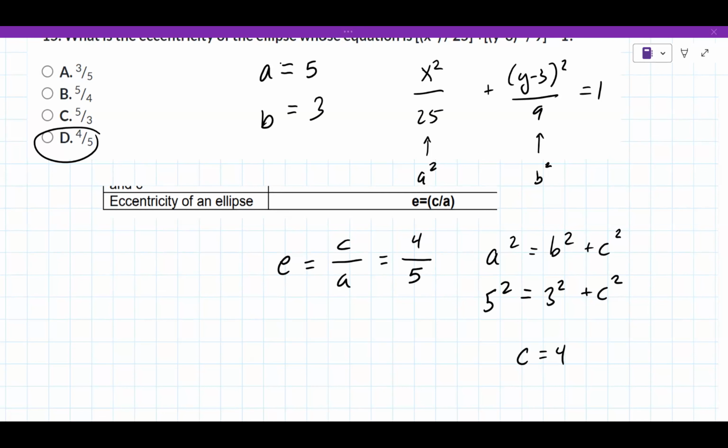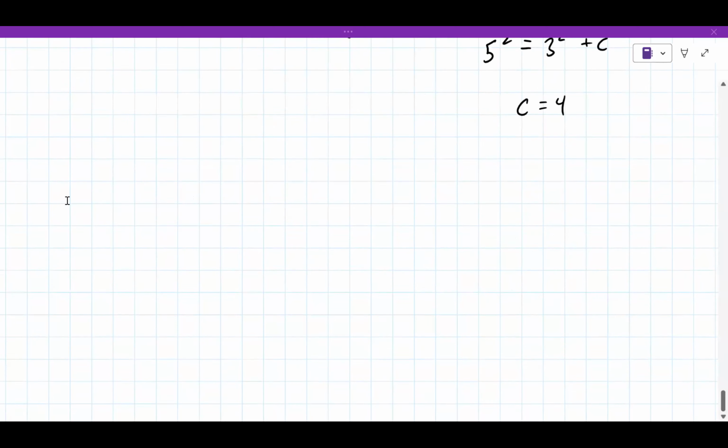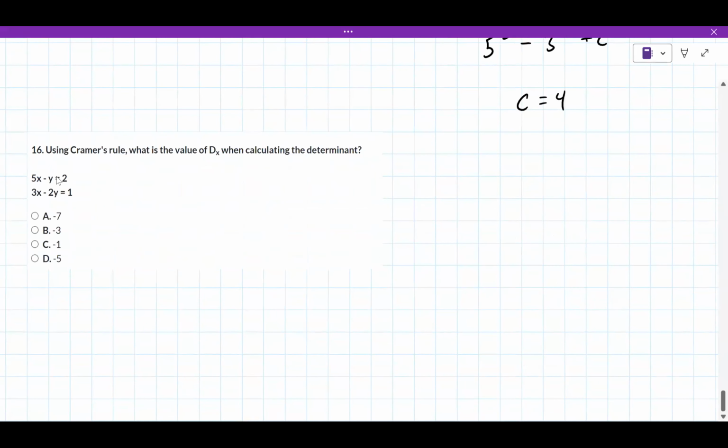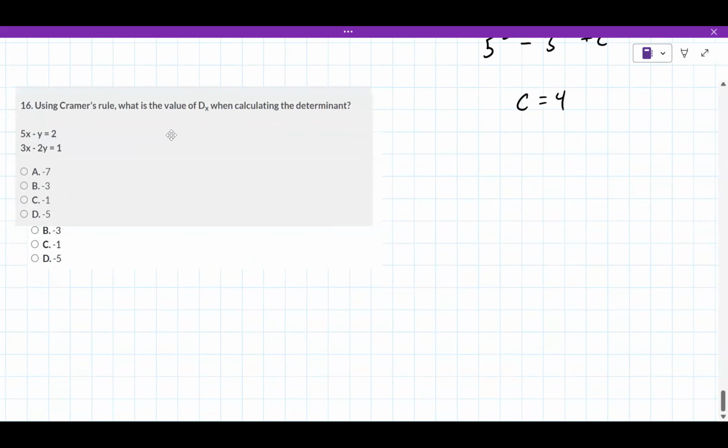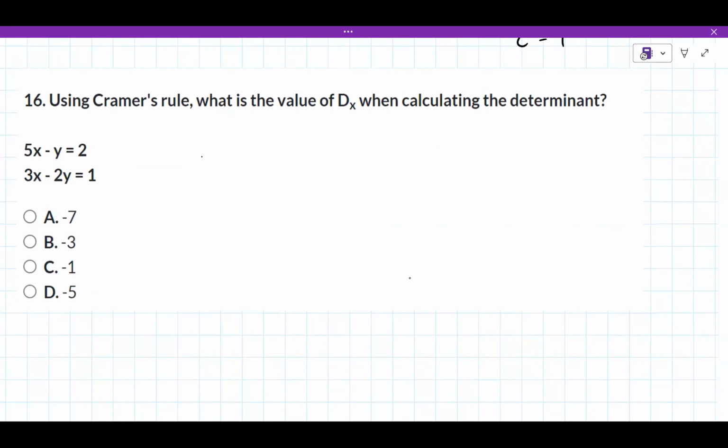So 16, we have to do using Cramer's rule. But it actually just wants one part of it, which is nice. It actually doesn't even want you to solve this, which is weird. But the first matrix is the 5, 3, -1, -2. That's the D, if you recall.